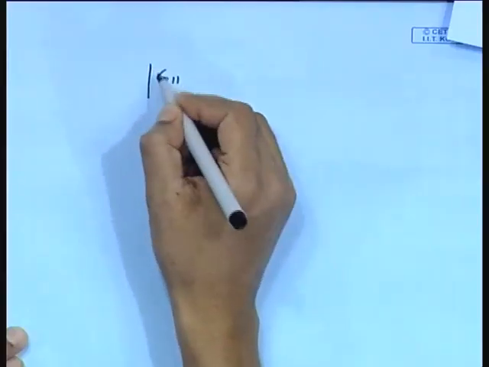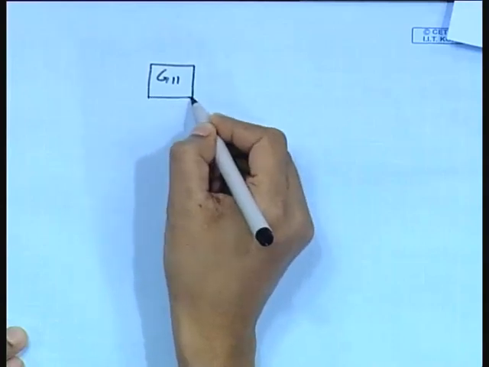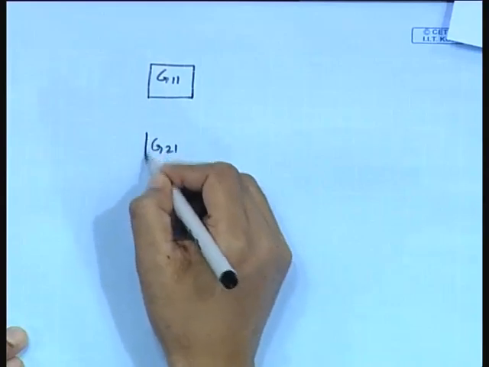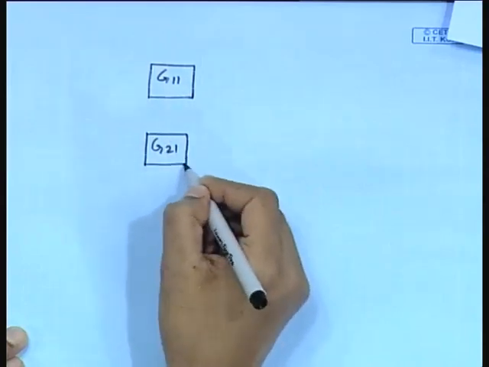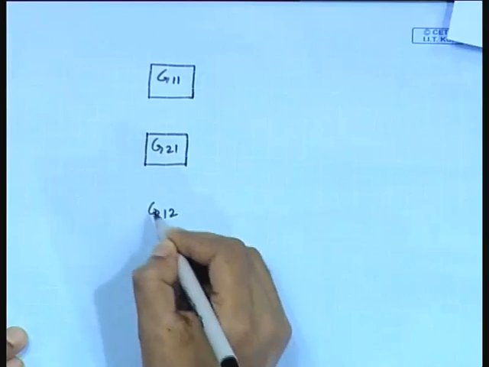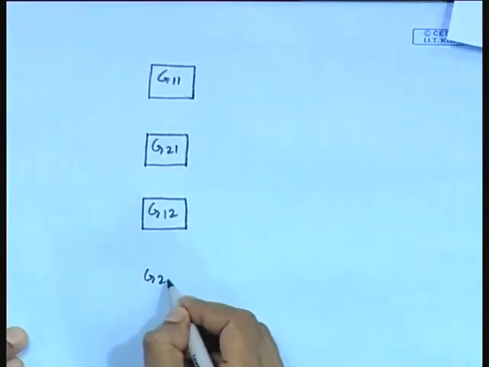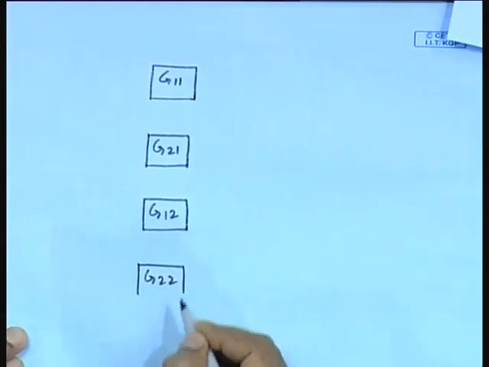In the next step, we need to make the block diagram. What will be the block diagram for this system? See, there are 4 transfer functions. One is G11, second one is G21, third one is G12, and fourth one is G22.